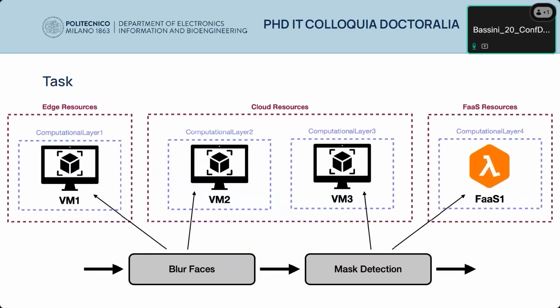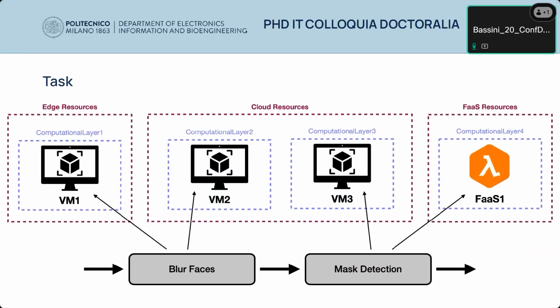Okay. So this is part of a use case that you saw in a talk this morning by Federica Filippini, my older colleague. She presented a bigger use case than this. So basically we have 3 different computational layers.